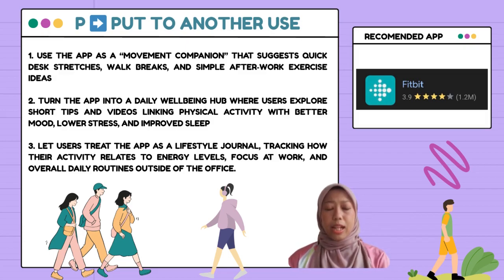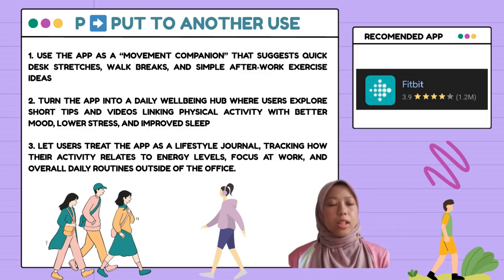First, the app can act as a movement companion. It can remind users to do quick desk stretches, take short walking breaks, or try simple exercises after work. This is helpful for working adults that have to sit or work for long hours and feel tired.